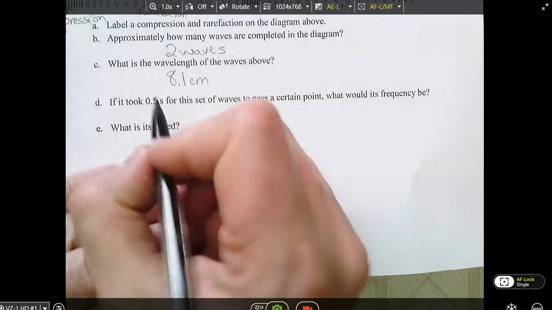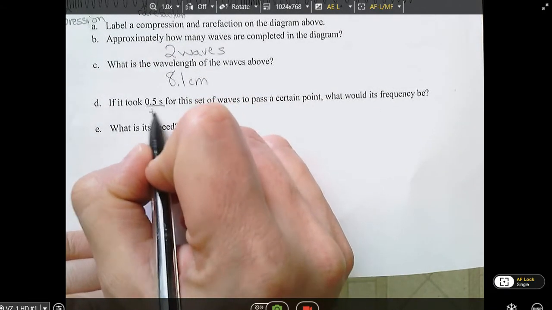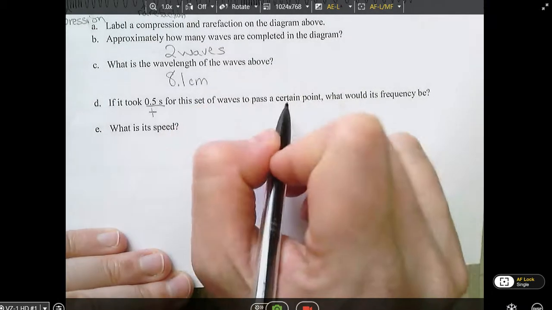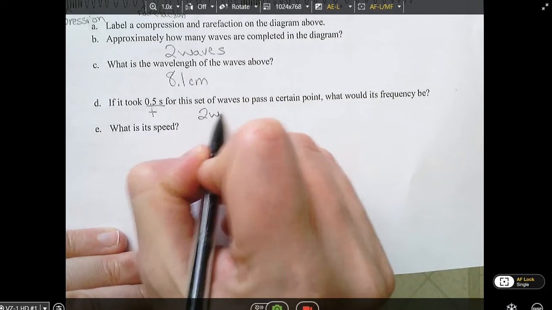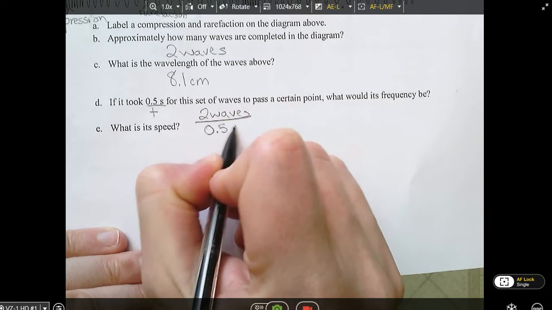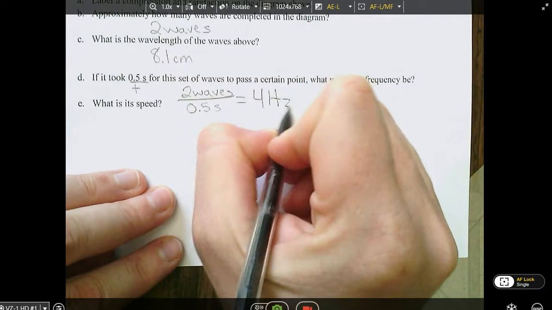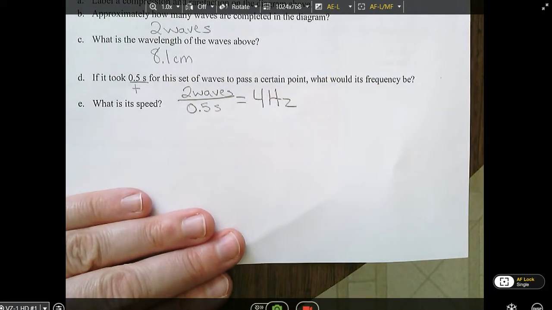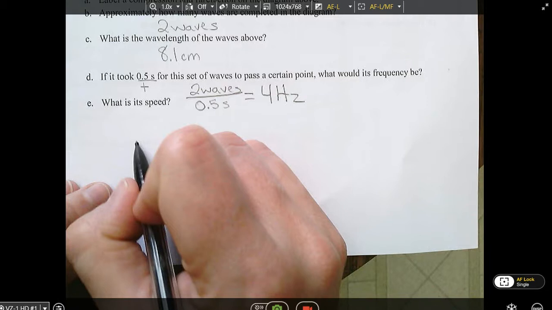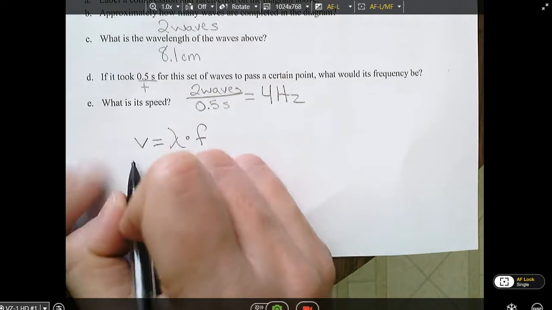If it took 5 seconds for this set of waves to pass, so this is the time. Now it's 2 waves per 0.5, sorry, I think I said the wrong number. That would equal 4 hertz. That's its frequency. So its speed, velocity equals wavelength times frequency.